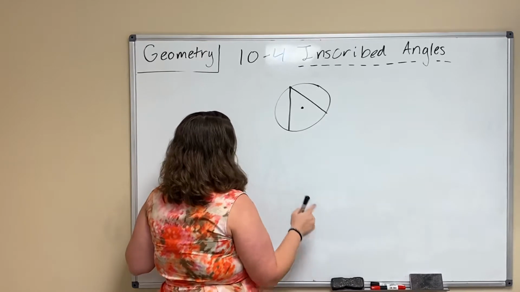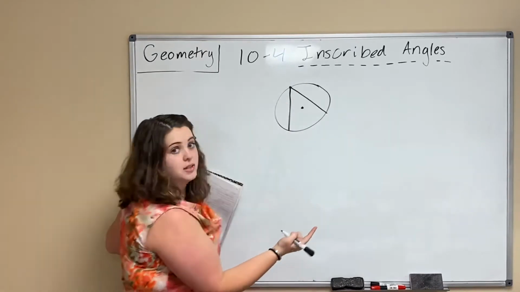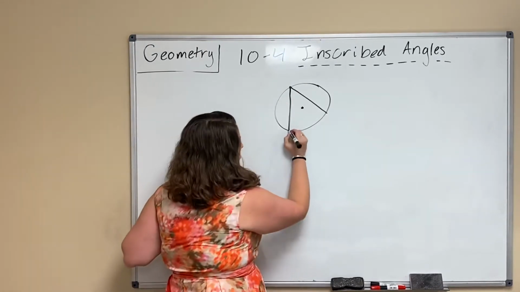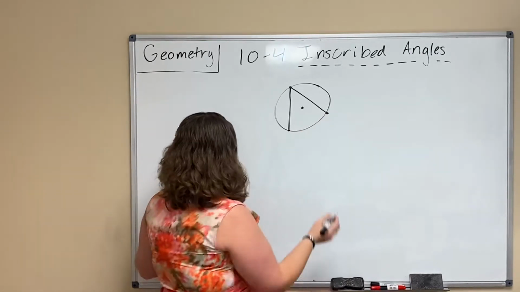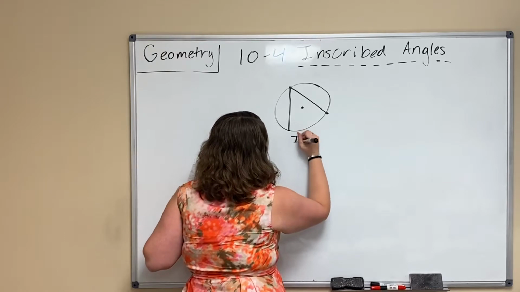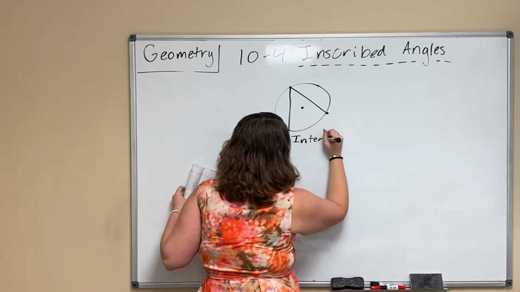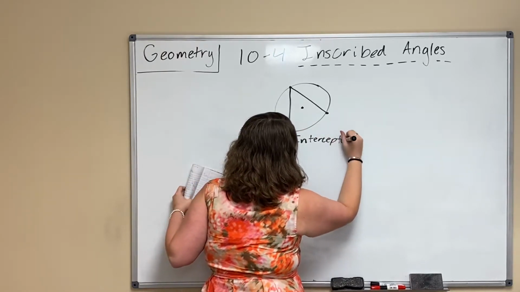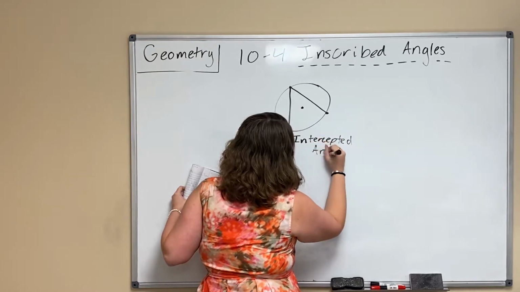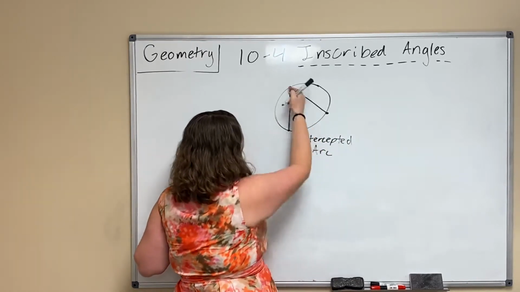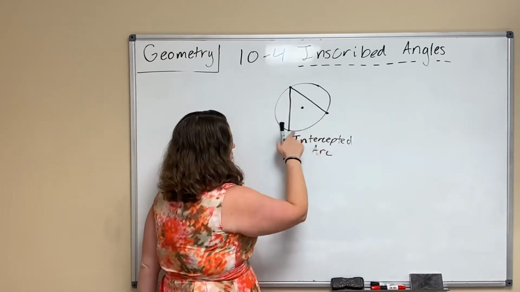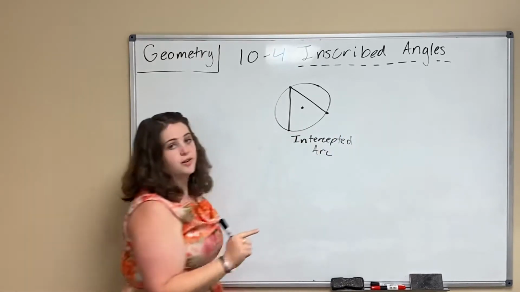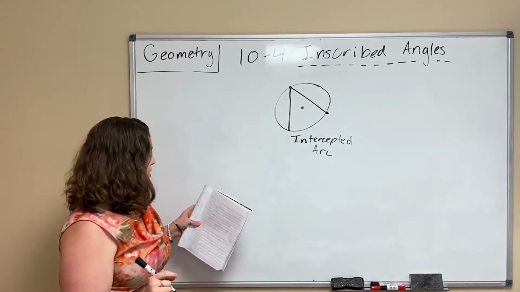What's important to note here with this inscribed angle is the arc that's formed by these two chords is called the intercepted arc. So this is an inscribed angle, this whole angle, and the arc that's made by the opening of the angle is the intercepted arc.